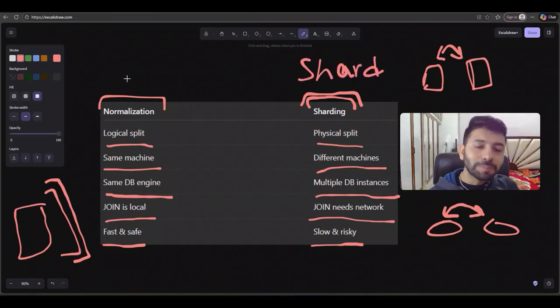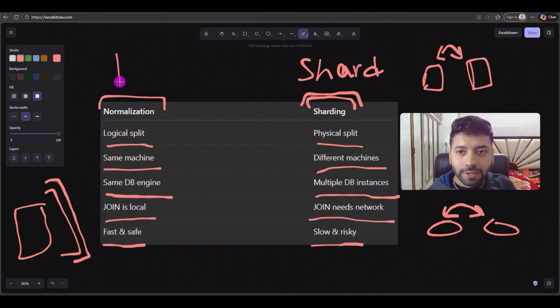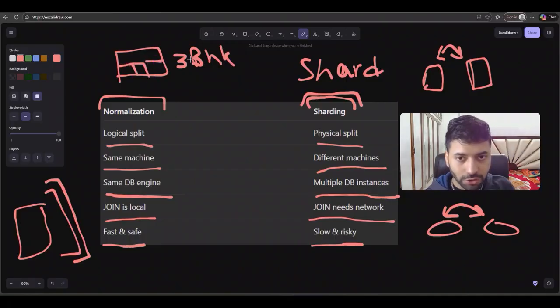So in real life, a simple example: when you say you have a flat, like a 3 BHK, correct, in a society, that would be an example of normalization, because you have 3 rooms out here, correct? So 3 bedrooms with washrooms. So different rooms, but all of these rooms are part of the same flat, correct?